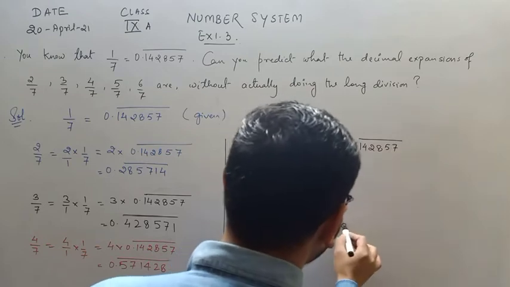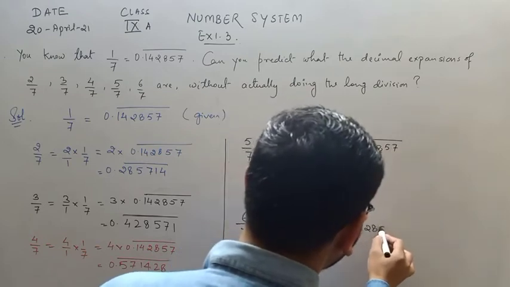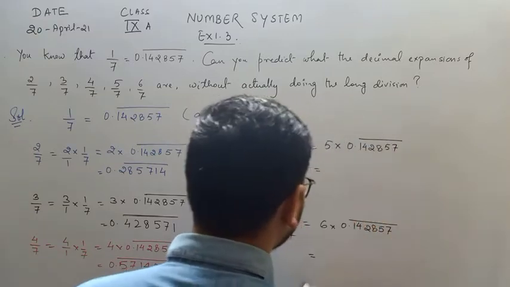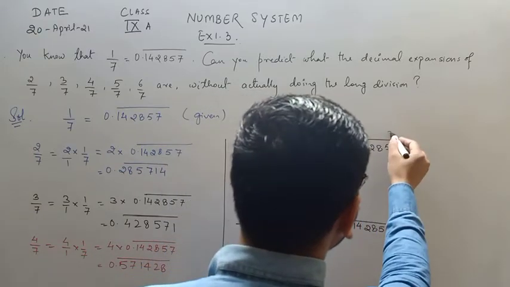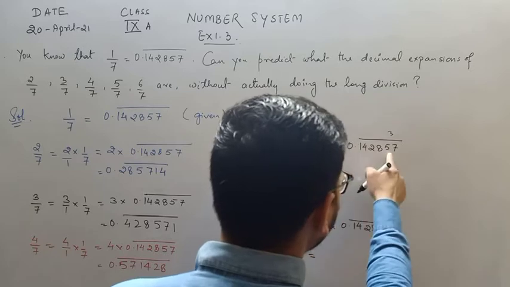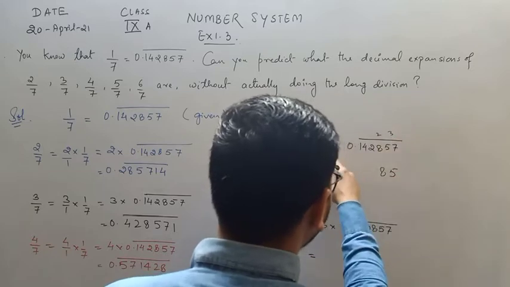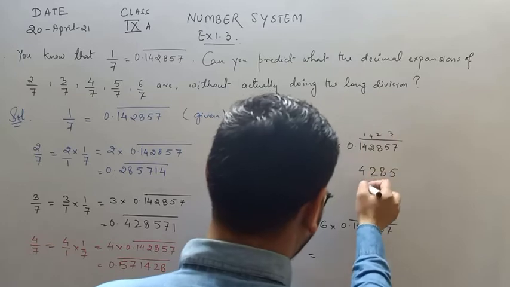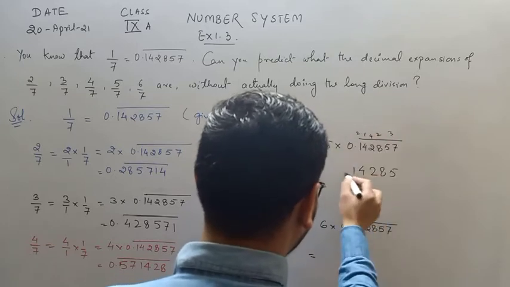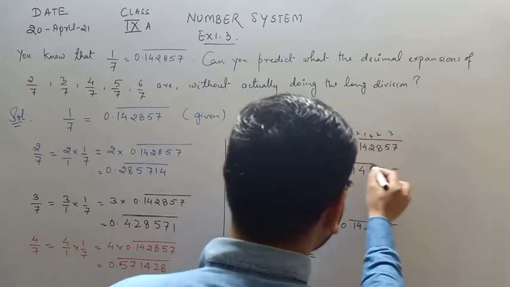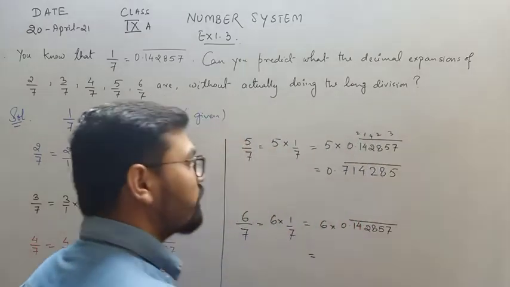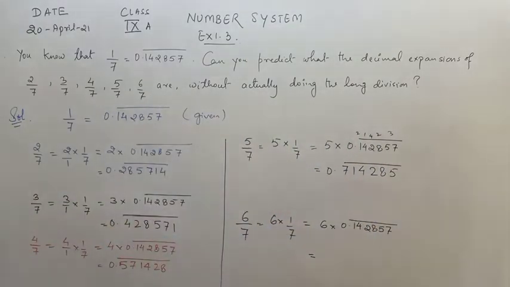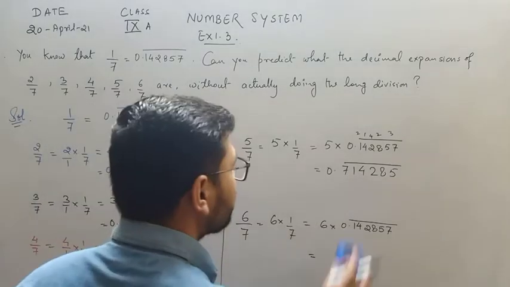Similarly 6 into 0.142857 bar. 5 sevens are 35, 5 fives are 25 plus 3, 28, 5 eights are 40 plus 2, 42, 5 twos are 10, 4, 14, 5 fours are 20, 1 is 21. So 0.714285. This will be the decimal expansion of 5 upon 7.